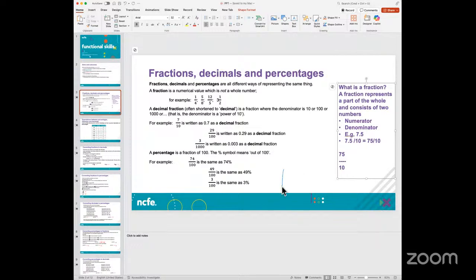So what I would do is essentially create this like this. So I'd write the number 75 here, and then I'm going to divide the number by 10.